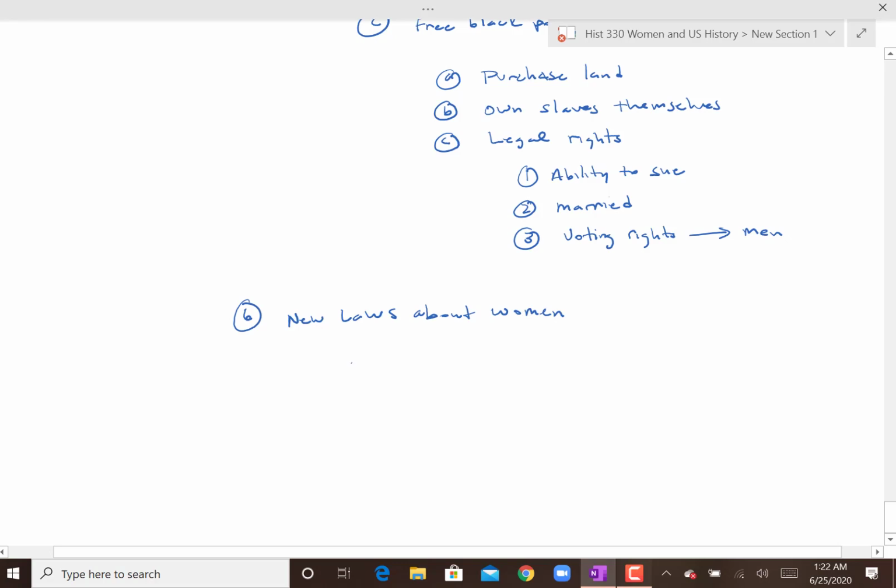The first law was the law of 1643, again, right? And that this was a tax on male labor and black female labor.